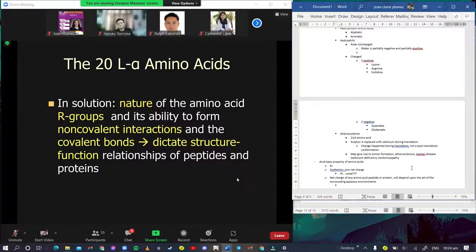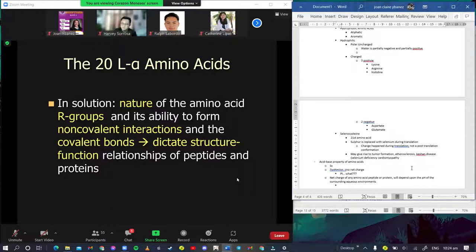So for the 20 L-alpha amino acids in solution, the nature of the amino acid R group is very important because it has the ability to interact non-covalently with each other or with another molecule in the system.